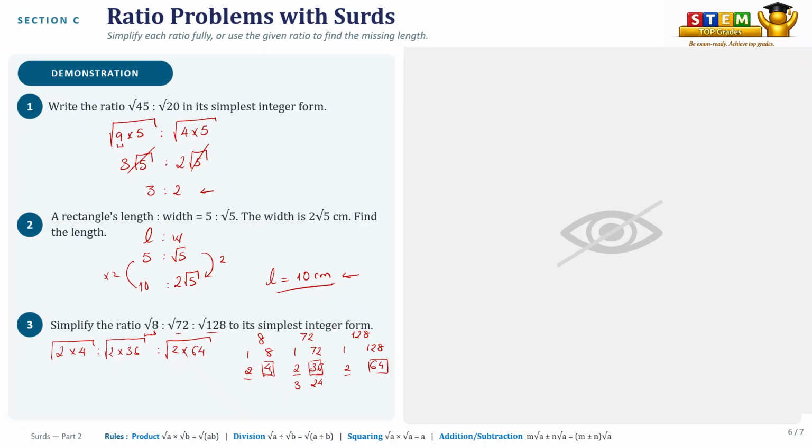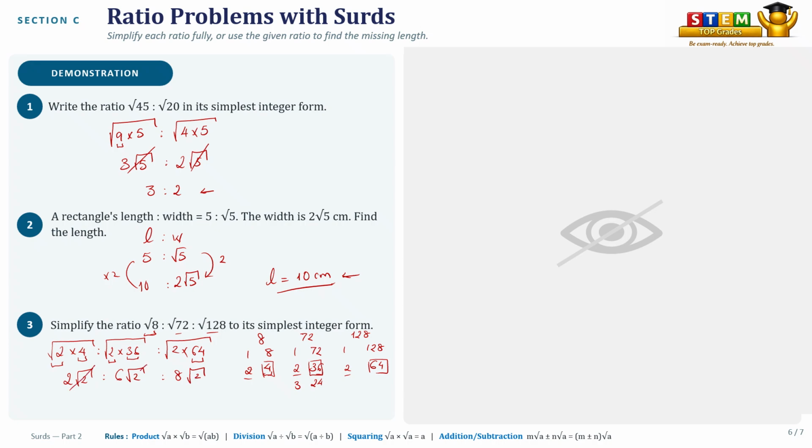So what's going to happen now is we're going to get the surd root 2, and the square root of 4 is going to be 2. Another surd root 2. Square root of 36 is 6. And the last one is going to give me 8 and then root 2.